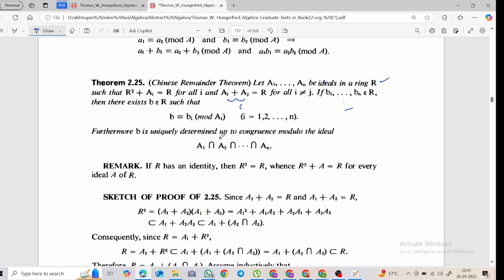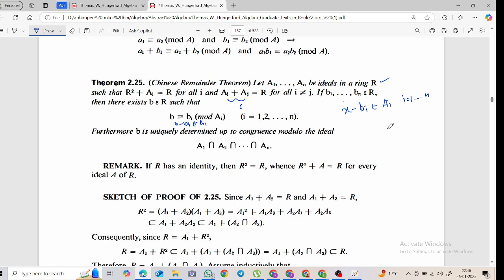So the Ai are ideals satisfying these conditions, and if b1 to bn are in R, there exists b such that, mod Ai, meaning b minus bi belongs to Ai, for i running from 1 to n.